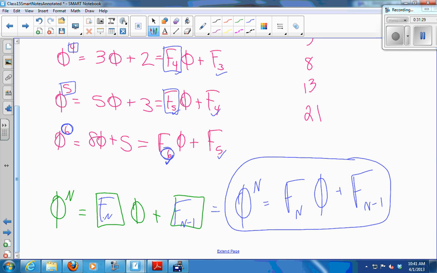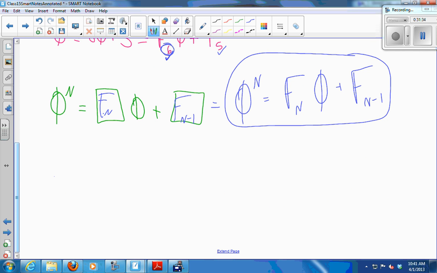So let's quickly use this formula to raise, say, phi to the 13th power. I would want F sub 13 times phi plus F sub 12. If n is 13, then I have F sub 13 here, and 13 minus 1 is 12, so this becomes F sub 12.